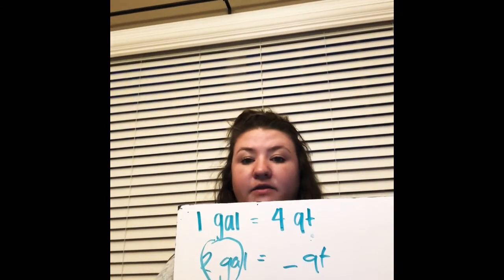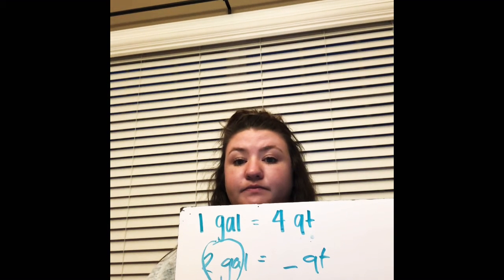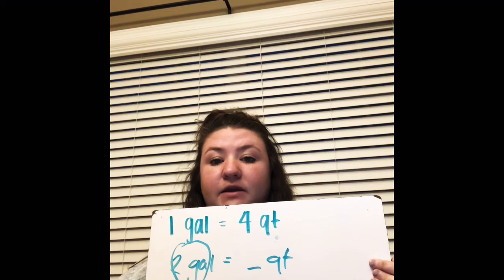So if we know 1 gallon equals 4 and we have 2, we would do a multiplication of 2 times 4. Why? Because we have 2 gallons and they go into 4. So 2 times 4. What does that equal? 8. Okay, it equals 8. Sorry, this is like my backwards handwriting. So then we know that there are 8 quarts.